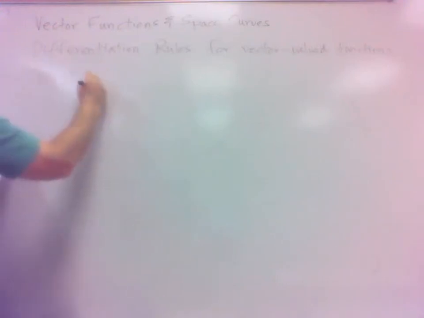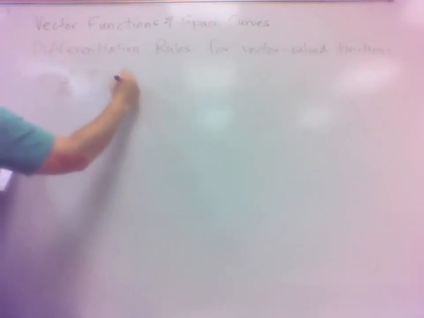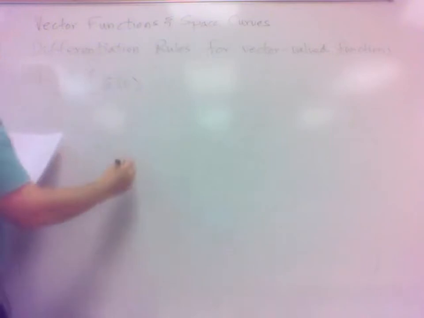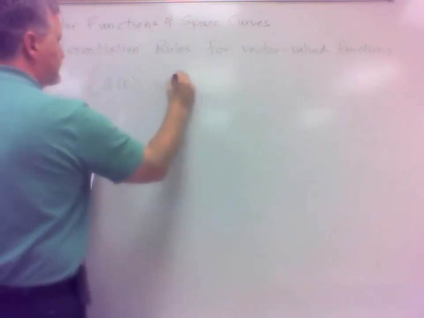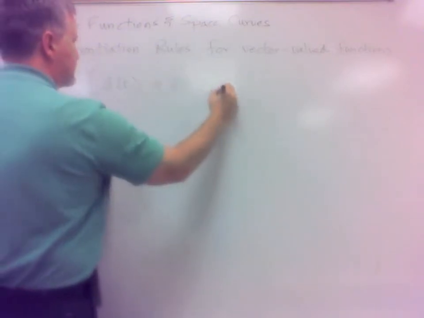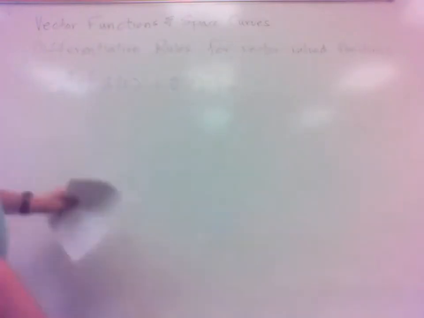All right. So what about the derivative with respect to t of vector valued function u plus vector function v? As we know, adding, no real complications there, is it?